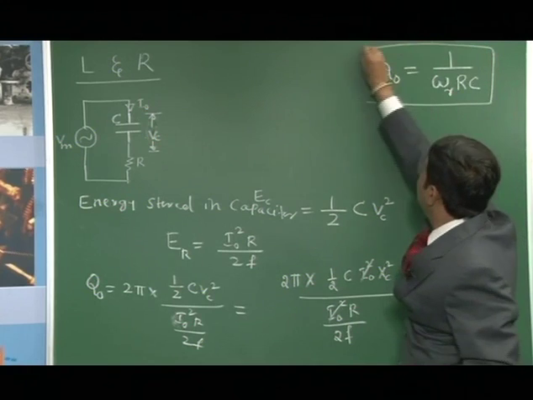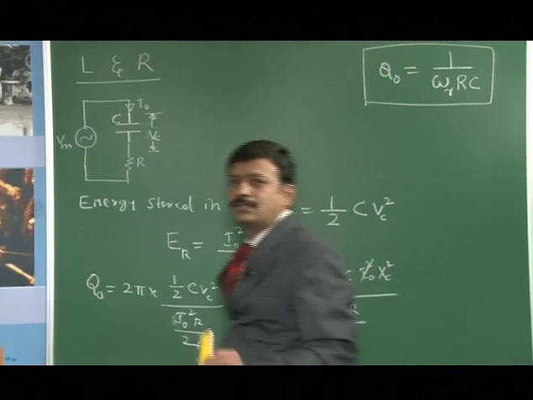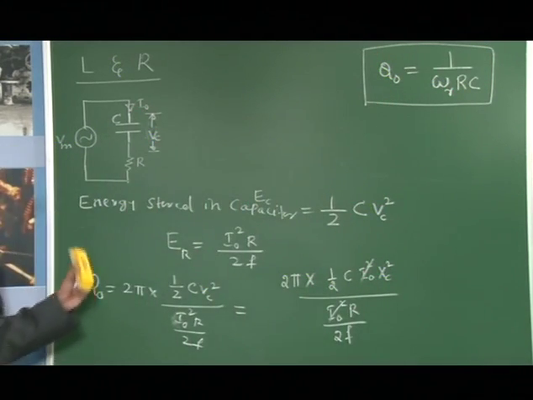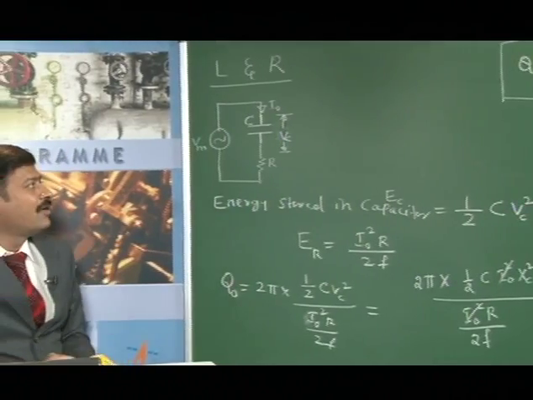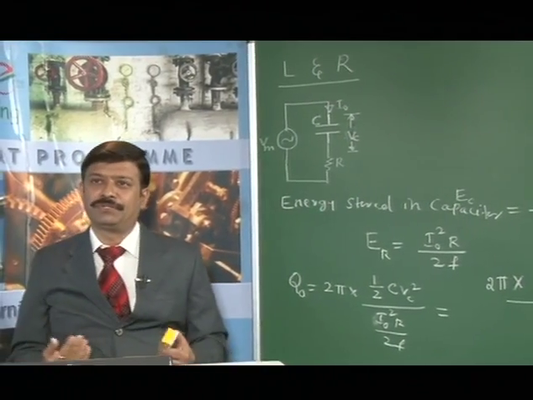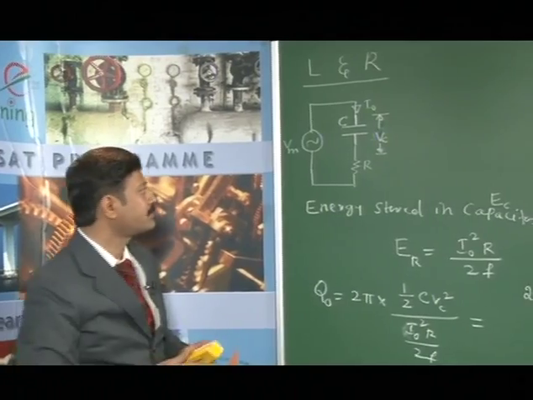So these are the two formulas we are using to find Q naught.